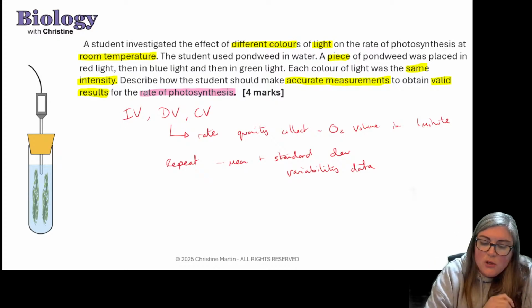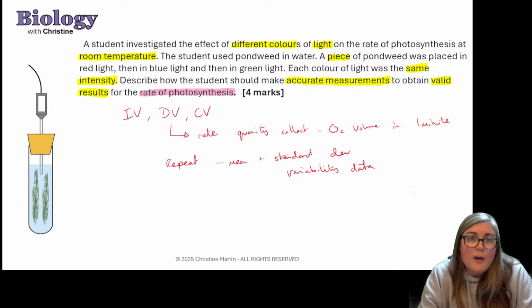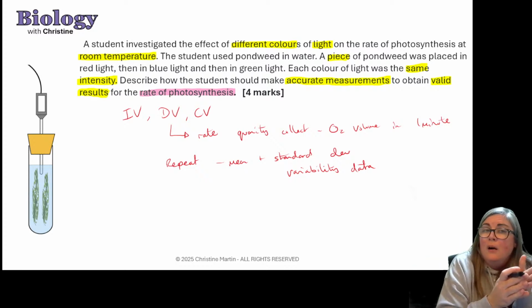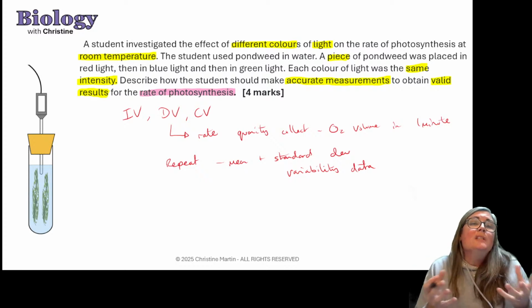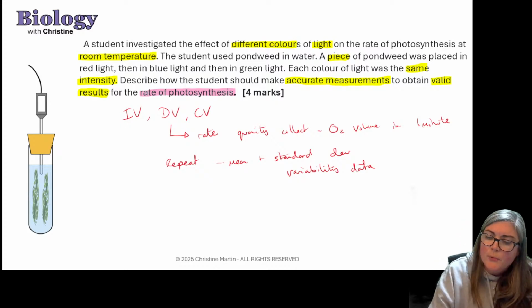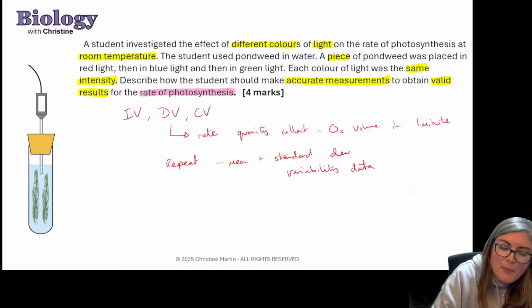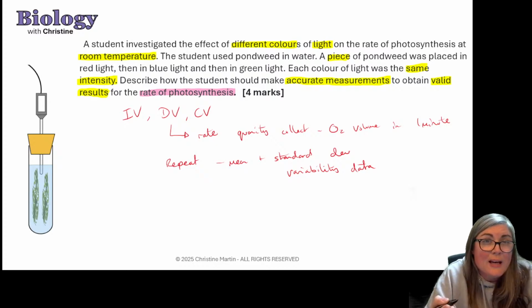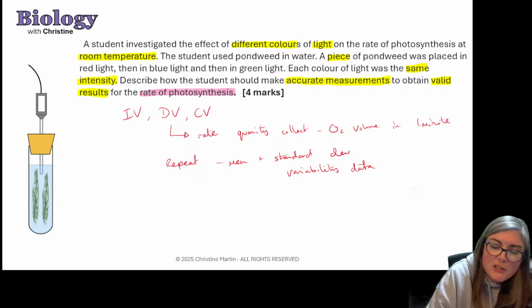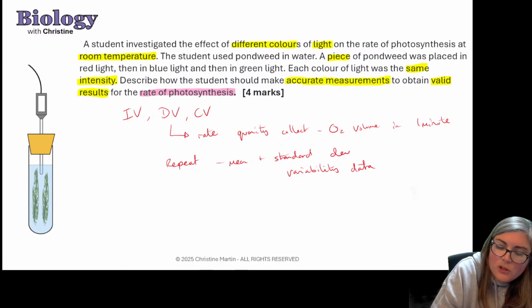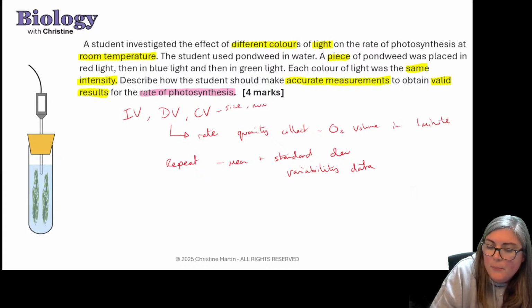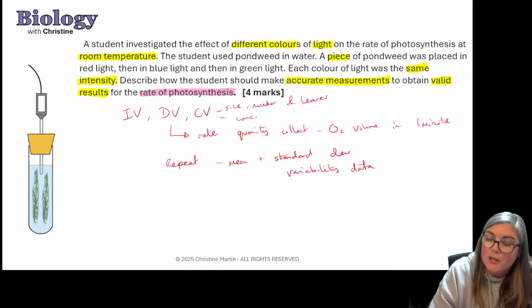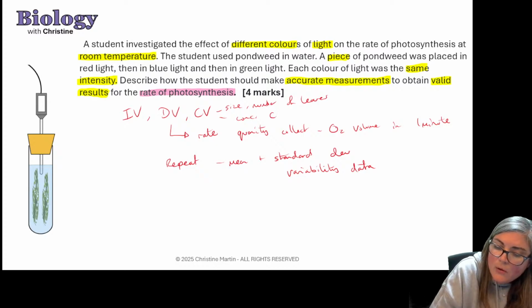Okay, so what else do we need to talk about then? So we talked about the rate. We've talked about our independent variable. We are going to give them some control variables. Now, they haven't controlled the piece, but I would say they should have controlled that piece of pondweed. So I would want to give them information saying things like the size, the number of leaves, for example, the concentration of carbon dioxide.